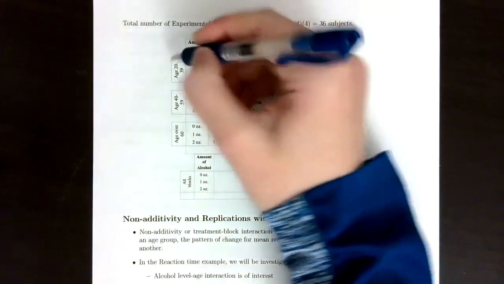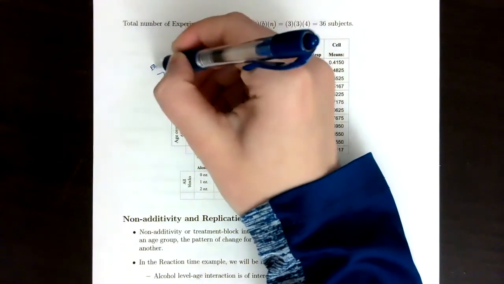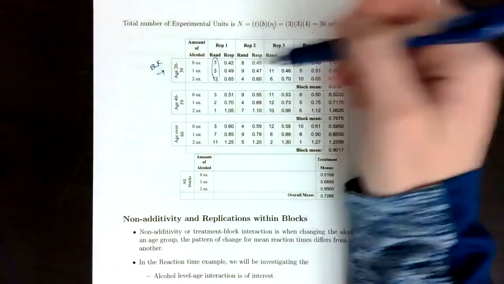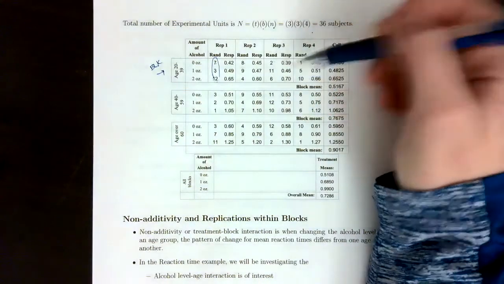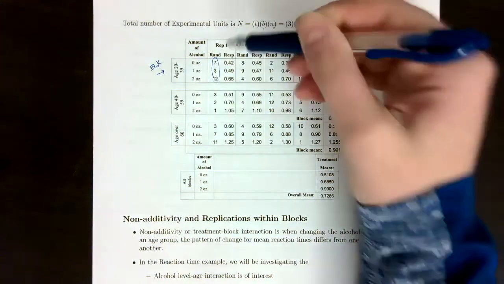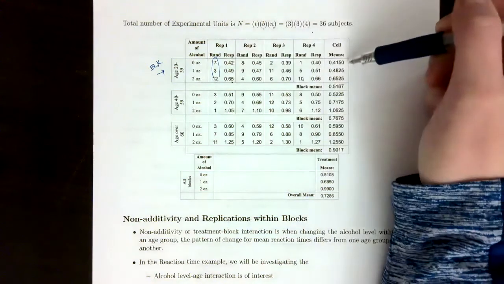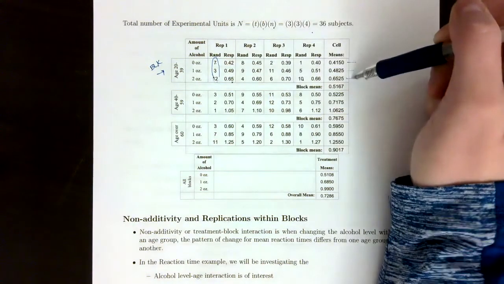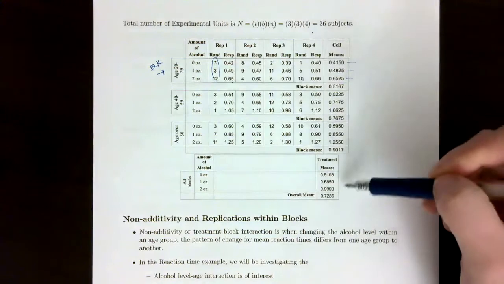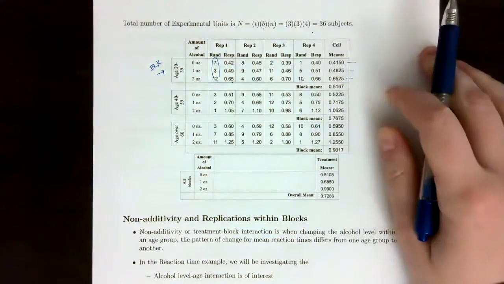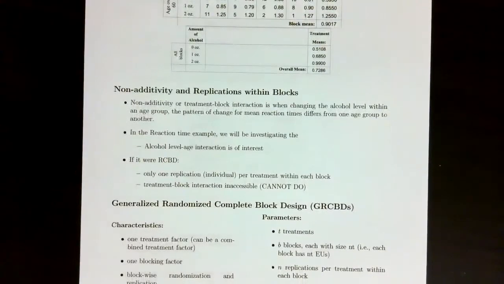So here's the block, BLK, and they did their randomization. Okay, and then here's your response. Here's your cell means, and then here would be your treatment means down here. Okay, so one more recap, and we'll keep going over additivity and non-additivity.